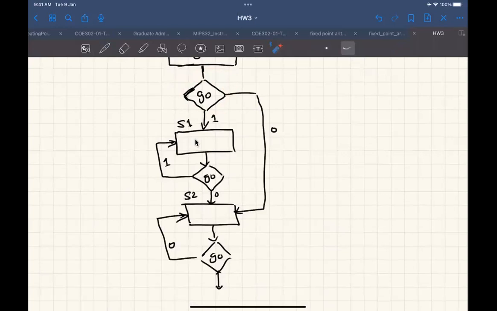We wait until it will be 1. Yeah, you're not talking about the clock. We're talking about go itself, the signal go. We are trying to detect a positive edge on go. Yes. This decision box differentiates between this scenario.